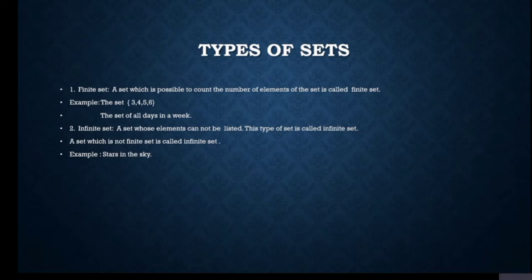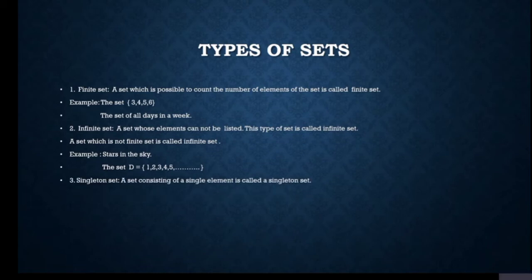It is not possible to count, so it is an infinite set. A set which is not finite is called an infinite set. The set D = {1, 2, 3, 4, 5, and so on}. Here it is not possible to count, so it is an infinite set.